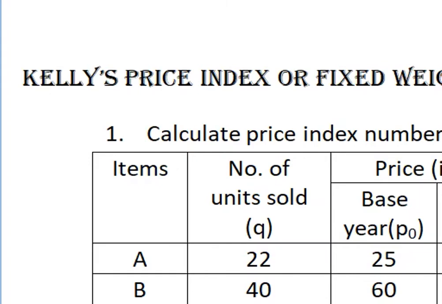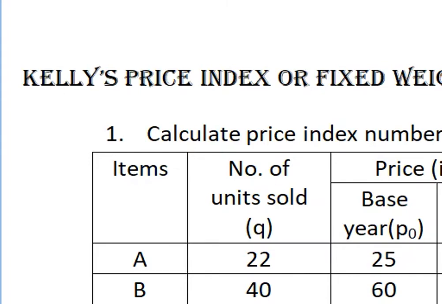And have they mentioned whether this quantity is of base year or current year? No, they have not mentioned. They have simply mentioned number of units sold. They have not mentioned the year.